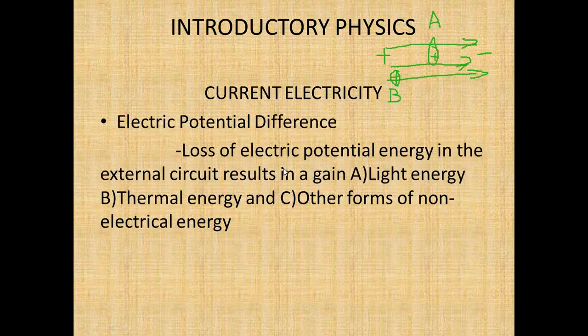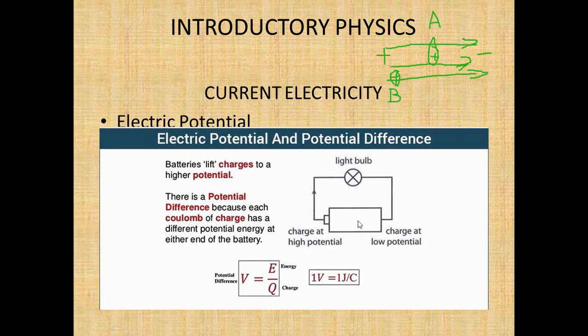So loss of electric potential energy in the external circuit results in a gain in light energy if you have a light bulb, thermal energy if you have something to heat up, and other forms of non-electric energy. So you have your battery source, which is your internal circuit.